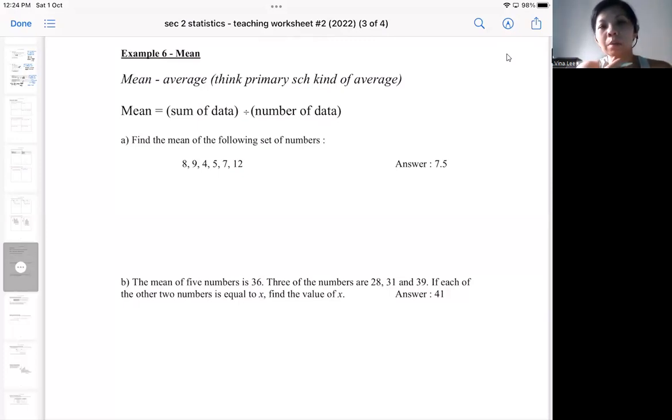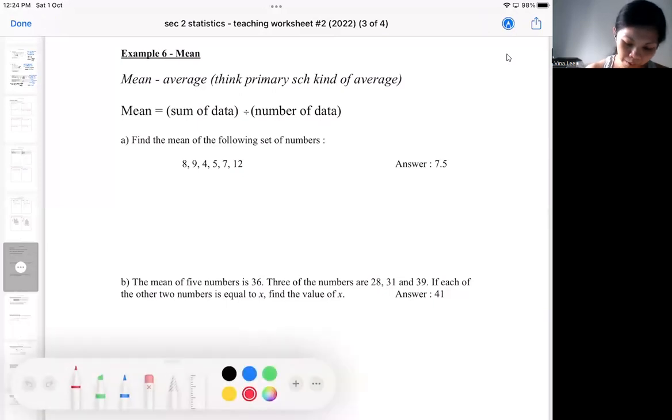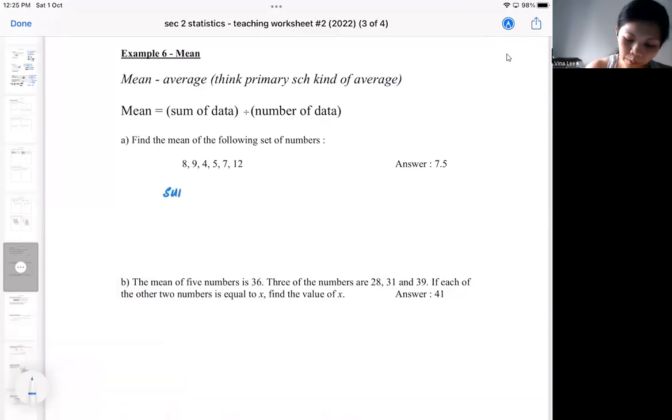The easiest one is when you are given a set of numbers and you are going to find the average. You just need to add up all the numbers to get the sum, and then divide by how many data there are.